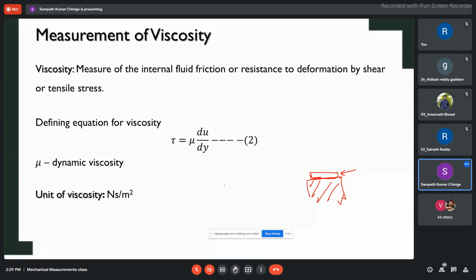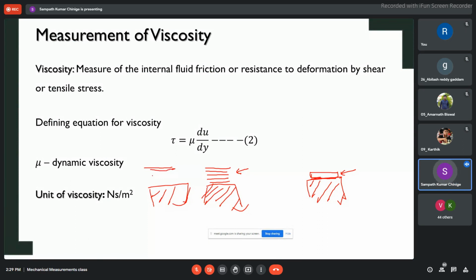When you take a bundle of A4 papers like this and keep it on the table, and now apply your force, what you can observe is that the papers will be aligned like this, moving further by the bottom paper.